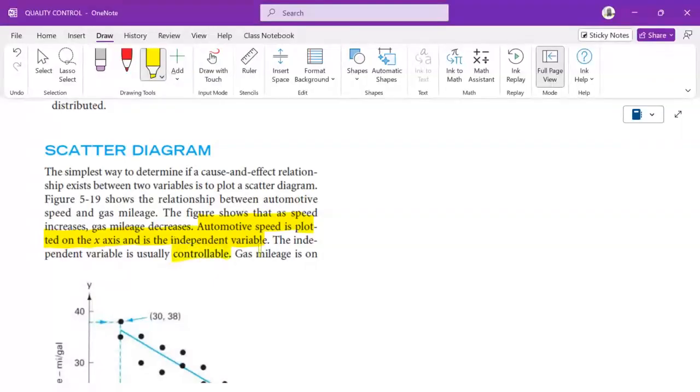And then the gas mileage is the effect of what you can control, like raising the temperature in order to influence how quickly your scones become proper and stuff like that. There are a lot of these examples where you can control either the temperature or the speed, but we'll see them.